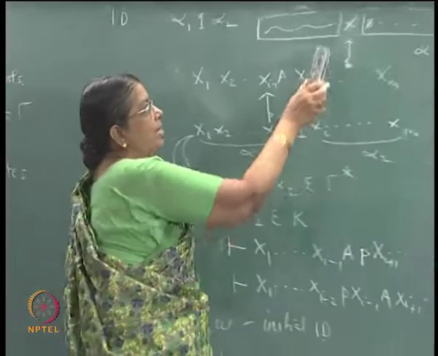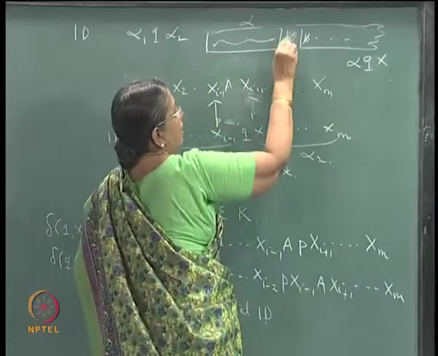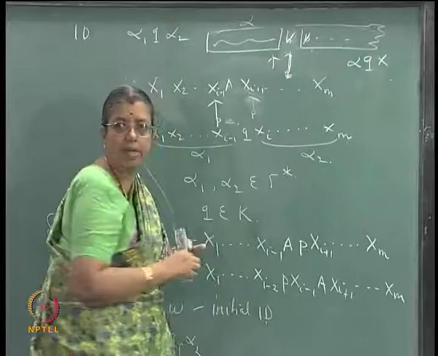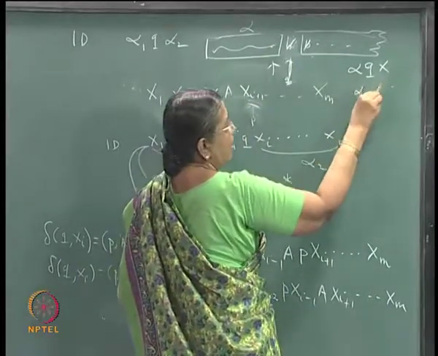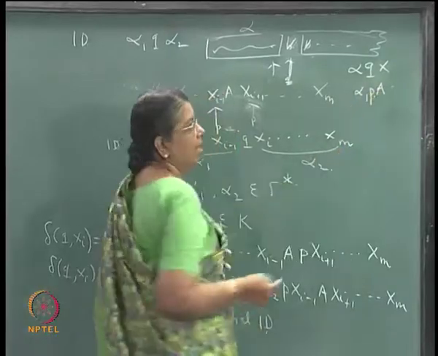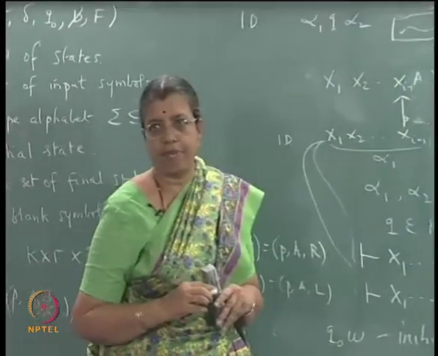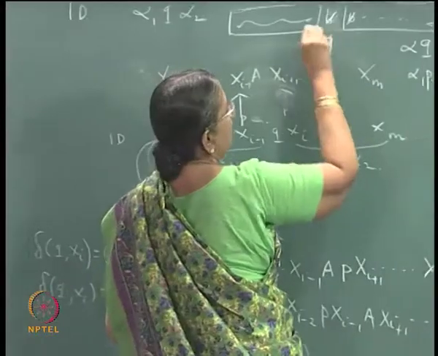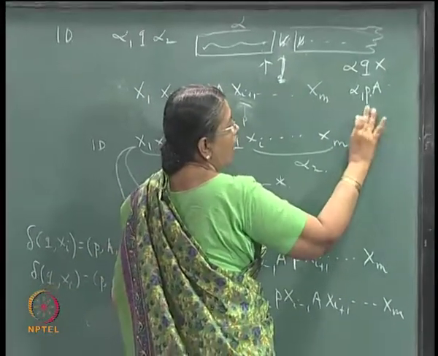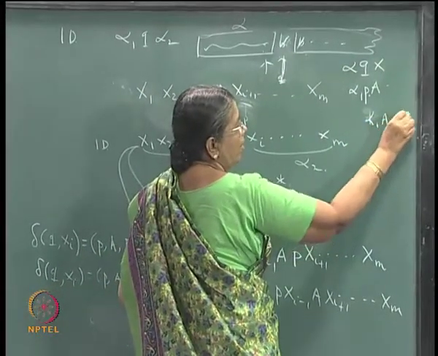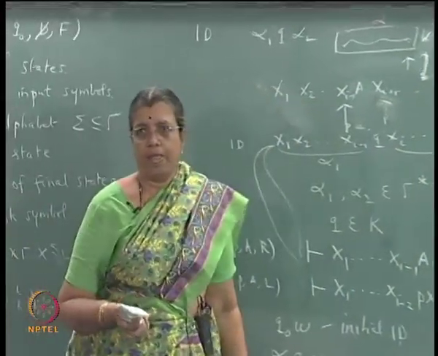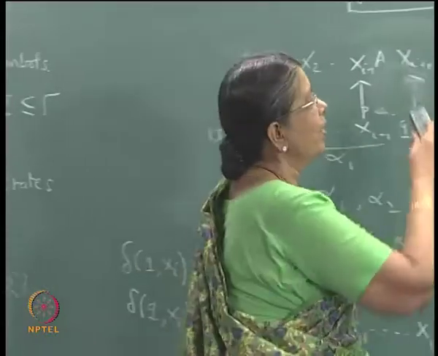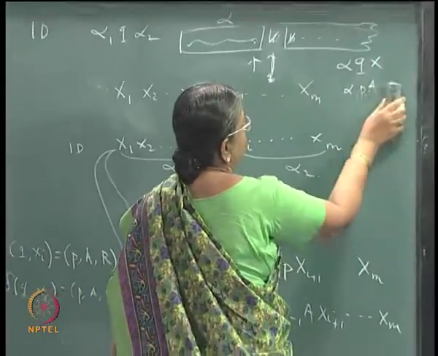Now, suppose it prints a blank and moves left, then whatever the symbol is there, alpha 1 A is alpha, it will be reading this. The last symbol of alpha is A. Same thing only, how it is manipulated towards the end, I am just mentioning.